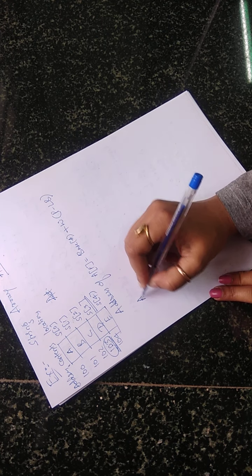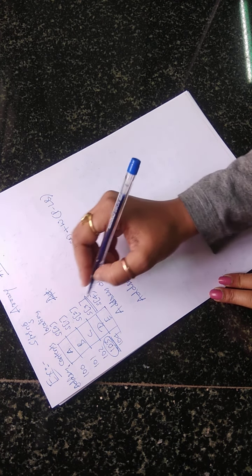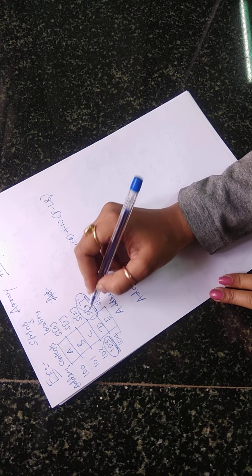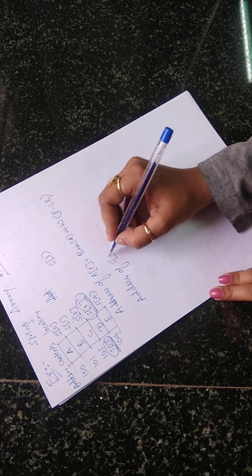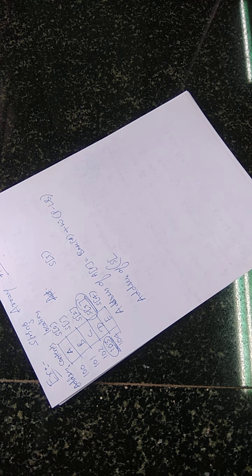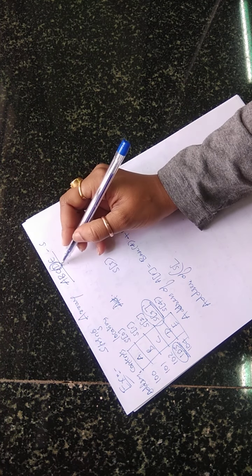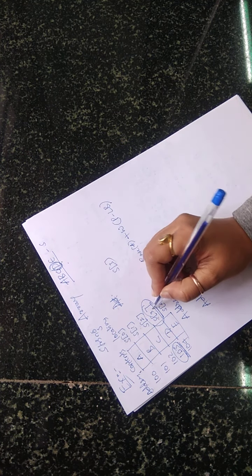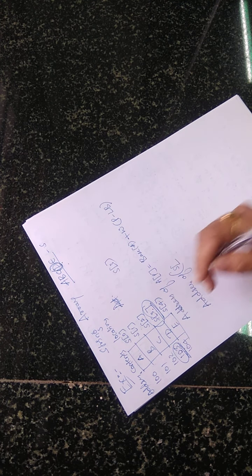Now we'll apply the same here. Address of S of 3 we want. The fourth element is stored in the location S of 3, so the address of S of 3 is what we want to find.